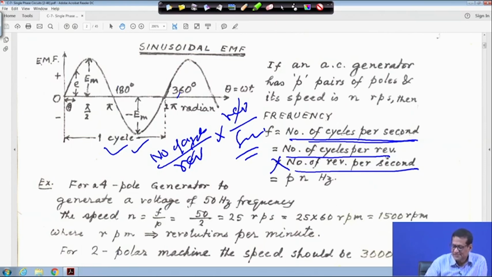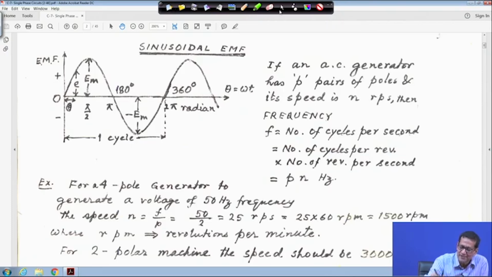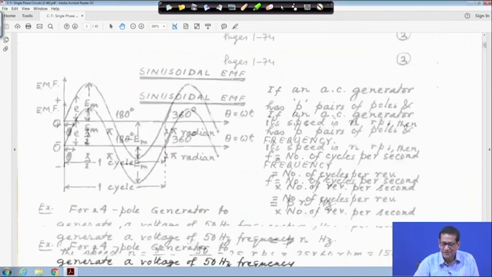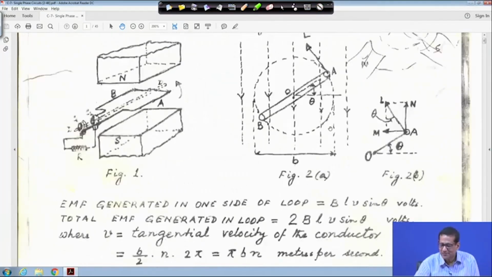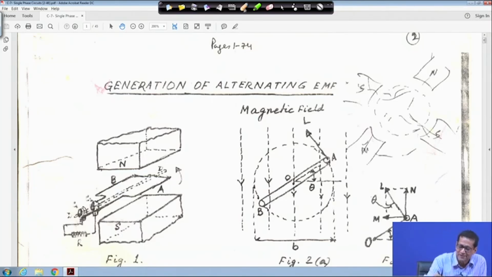So, number of cycles per revolution will actually be the number of pairs of poles, right. If you have 1 pair of poles, it will make 1 cycle per revolution. It is an electrical thing. That is why I have written N and S here.